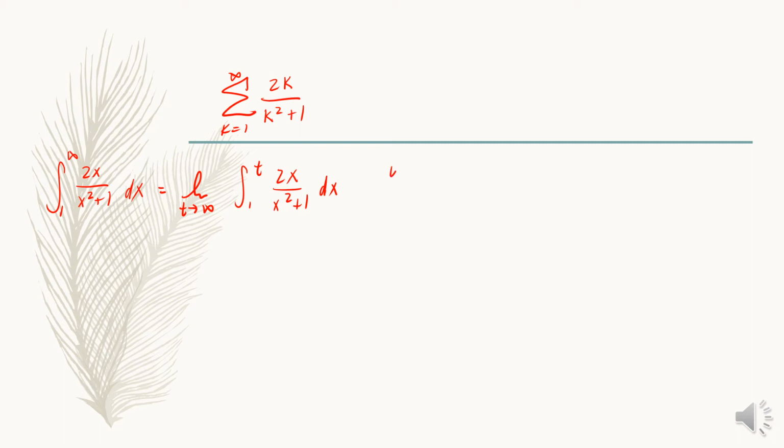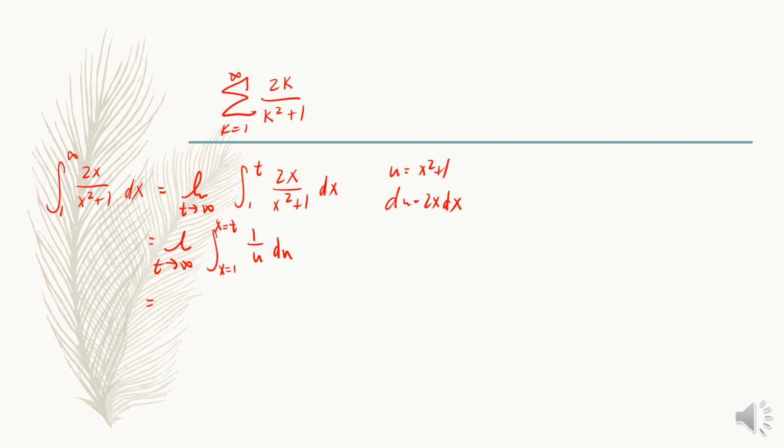And then we would use u substitution to solve this. So my u was x squared plus 1. My du was 2x dx. So this integral becomes the limit as t approaches infinity, and I'm going to go back to x's in the end. So let me explicitly say that's x equals 1 and x equals t. And this is really just the integral of 1 over u du.